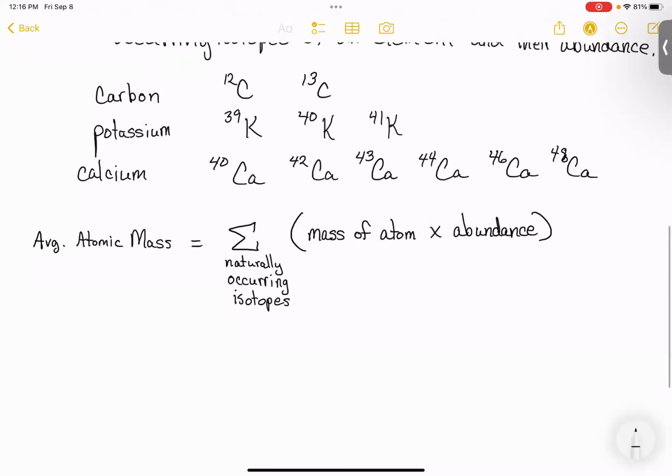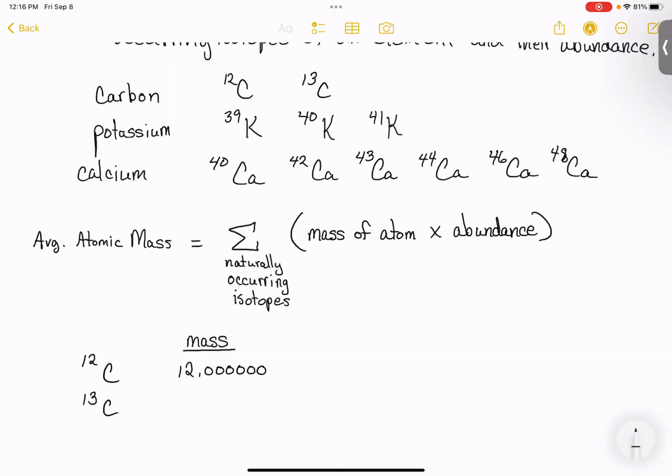So let's go back to carbon. We have carbon 12, we have carbon 13. Carbon 12 has a mass of 12.00000. In fact, all atoms' masses up there are based off of the original carbon.